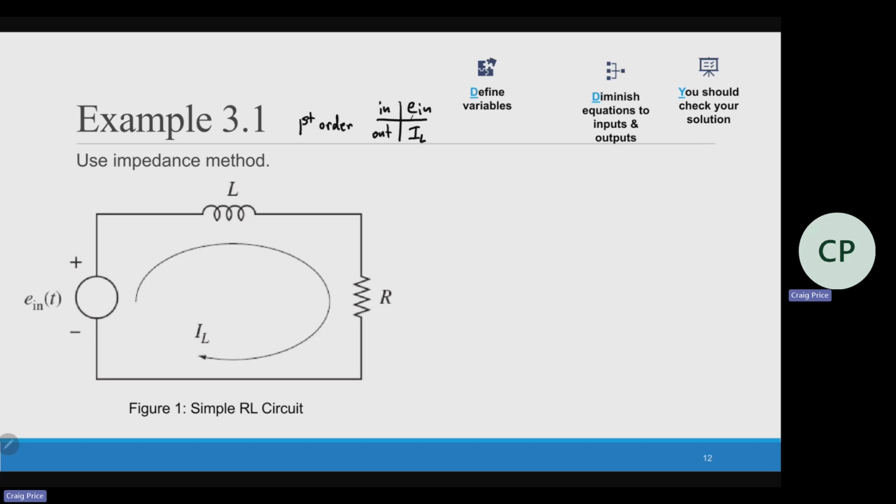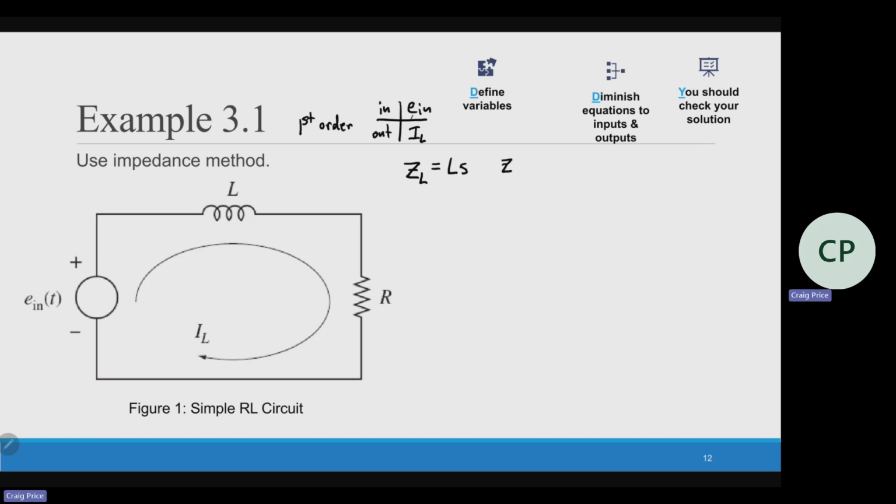For the definitions, now I'm going to put for my inductor, the impedance of an inductor is equal to Ls.